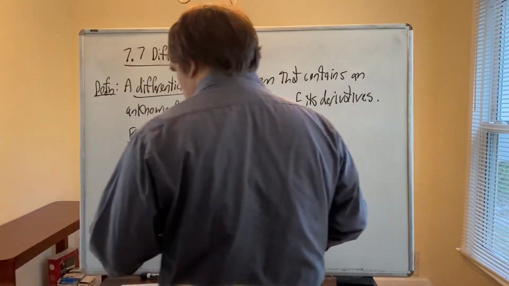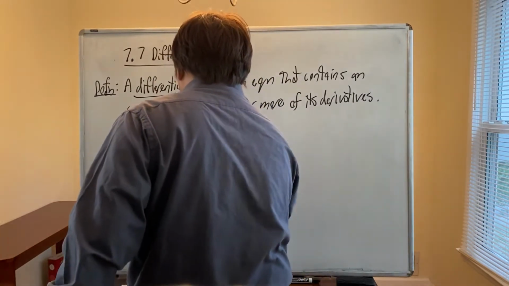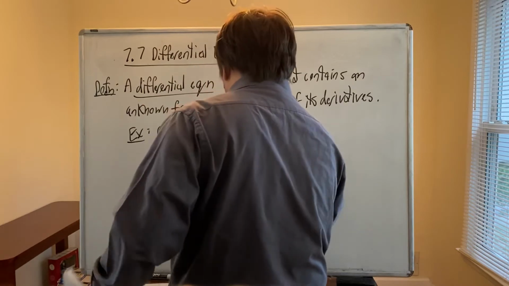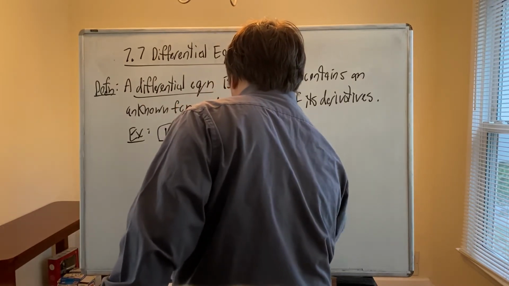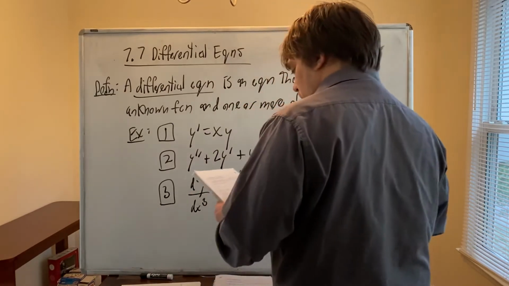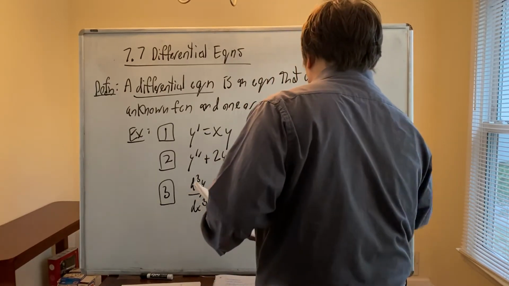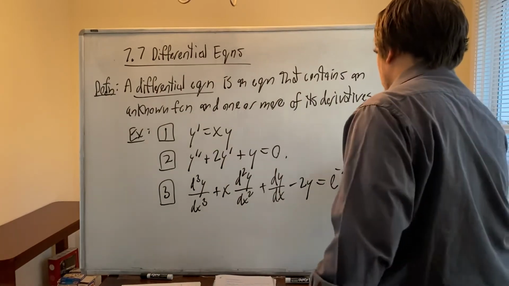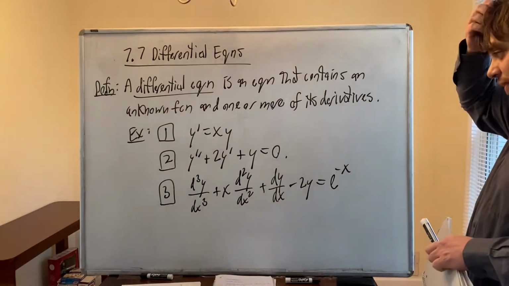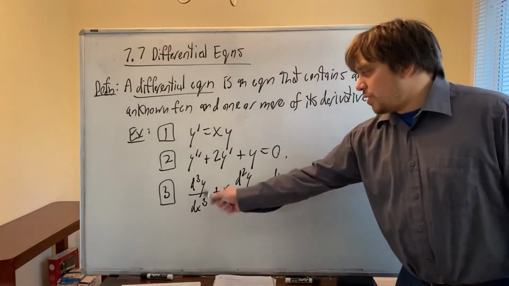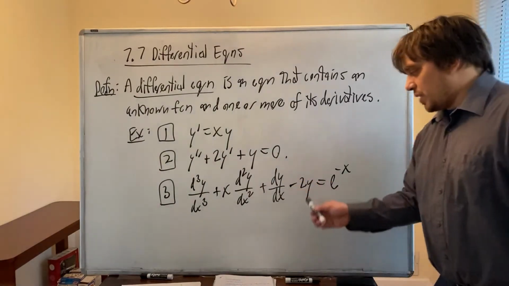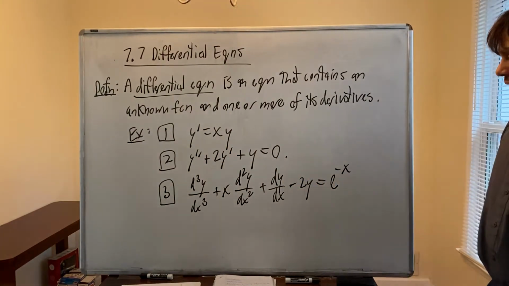Here's the third example of a differential equation: d^3y/dx^3 plus x times d^2y/dx^2 plus dy/dx minus 2y equals e to the negative x.